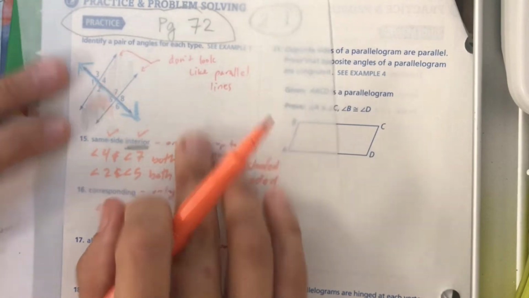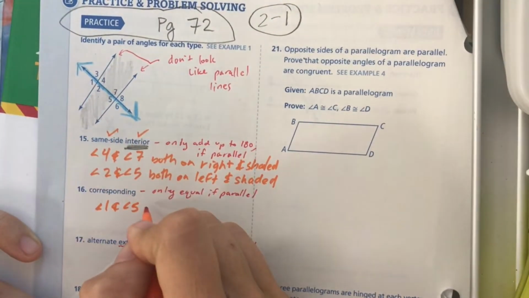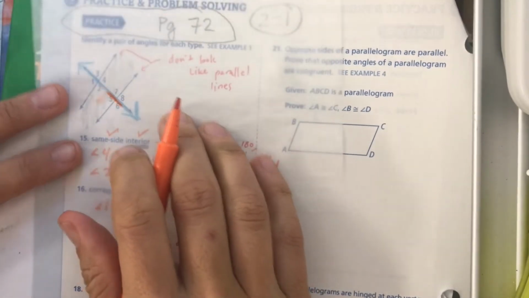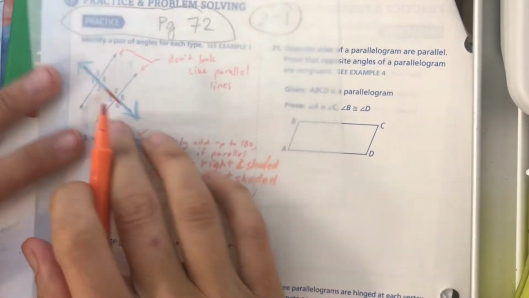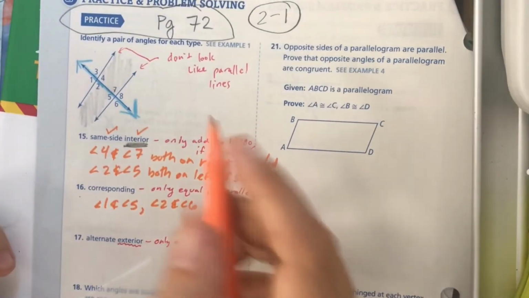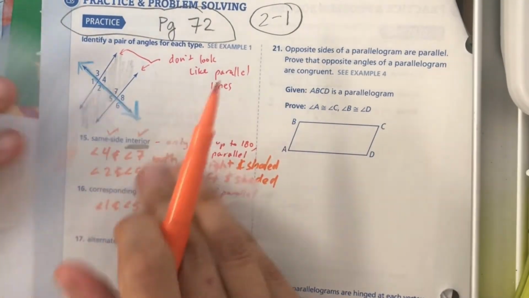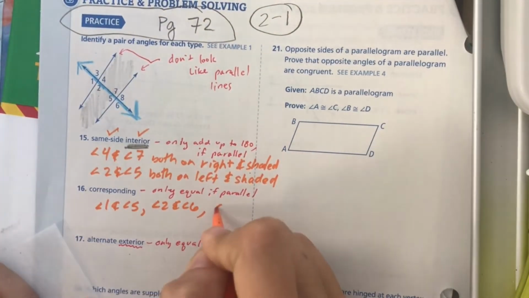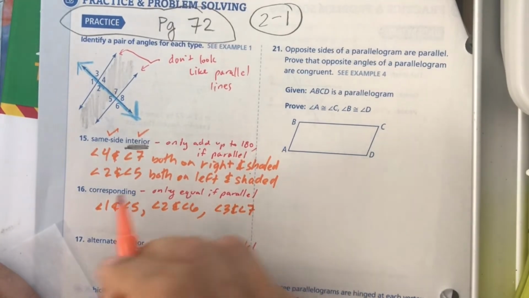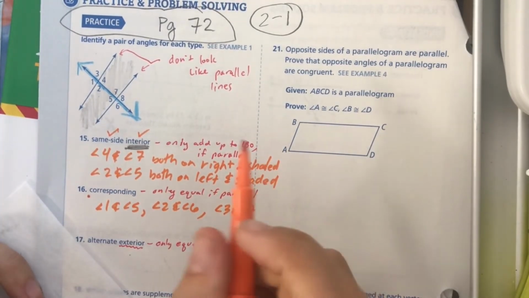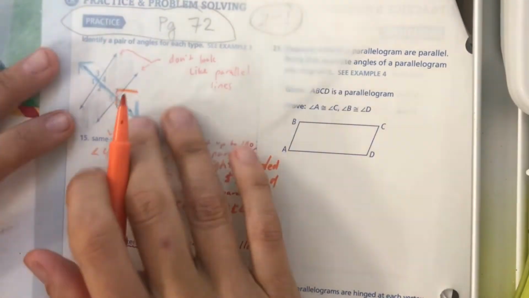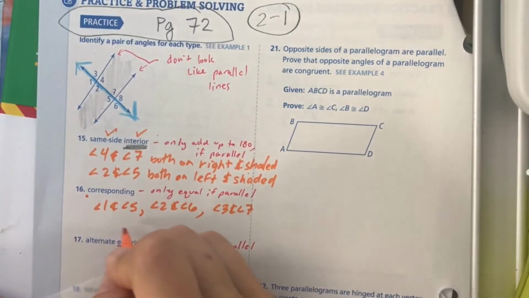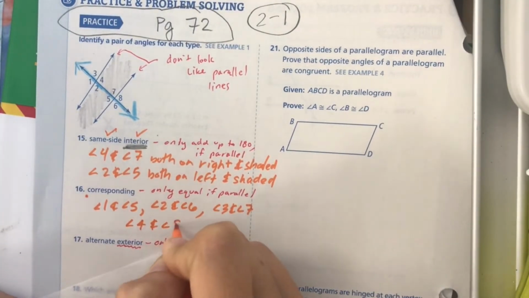Angle 2 and angle 6 are both corresponding as far as location goes because they're on the same side and one's shaded, one's not shaded. 3 and 7, so you see 3 and 7, one's shaded, one's not shaded, and they're on the same side, so 3 and 7 would be technically called corresponding. And I think the last one would be 4 and 8, one's shaded, one's not shaded, and they're on that same side, 4 and 8. Okay.